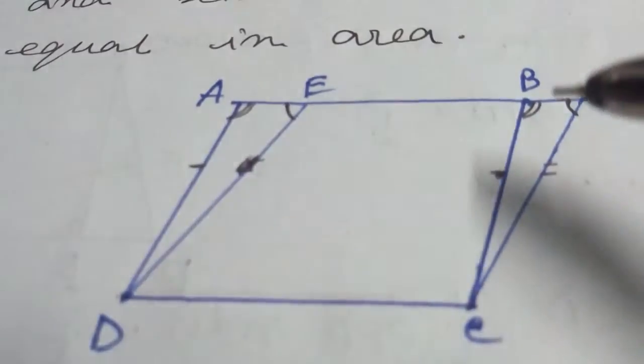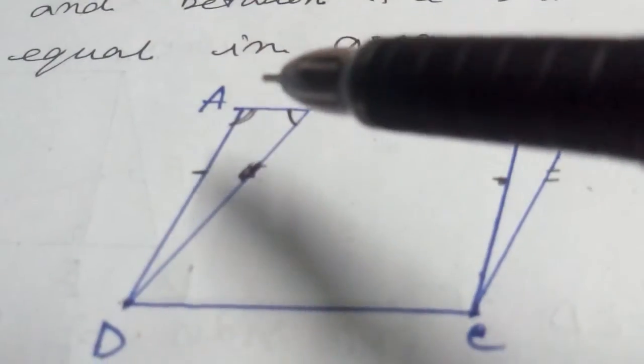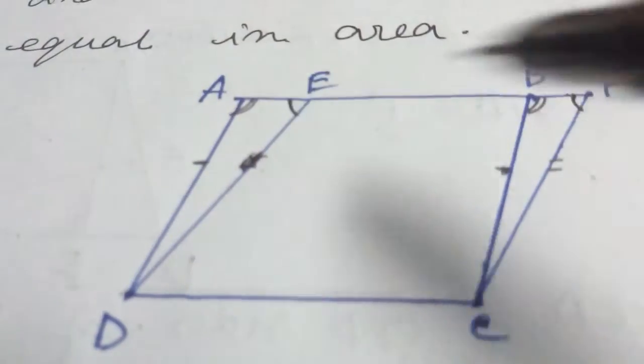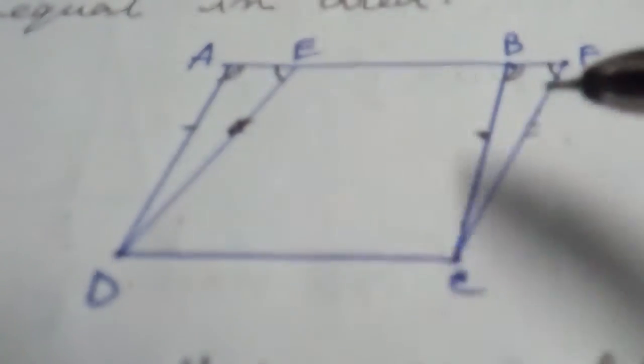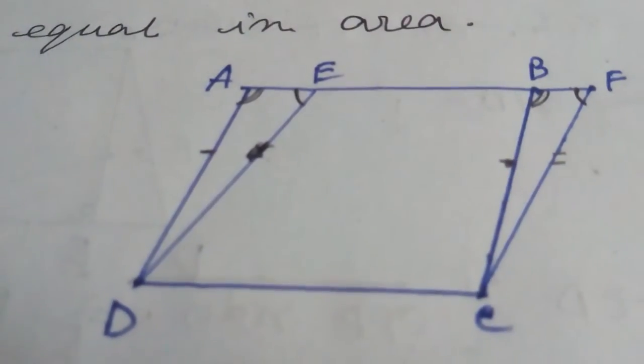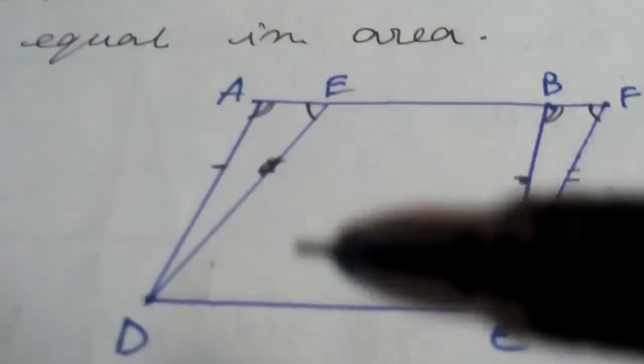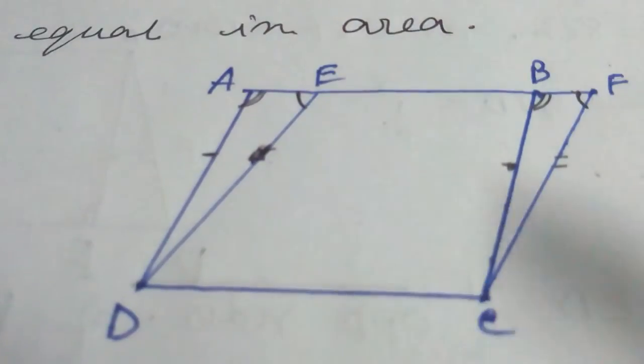Adding BCDE to ADE, we get ABCD, and adding BCDE to BCF, we get EFCD. So, area of ABCD is equal to area of EFCD.